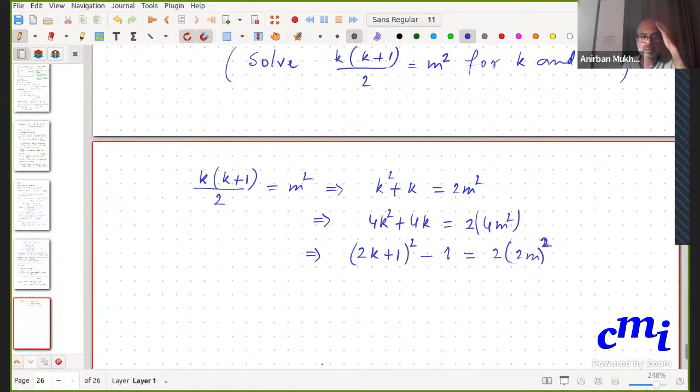So the question boils down to this problem. Let's solve this equation: x squared minus 2y squared equal to 1. If I just interchange this, just change the sign, it's enough to solve this equation.